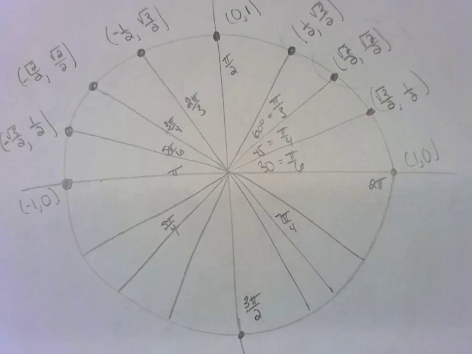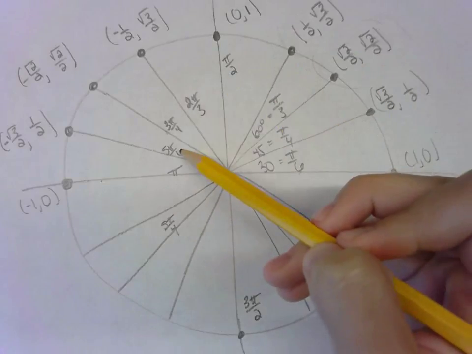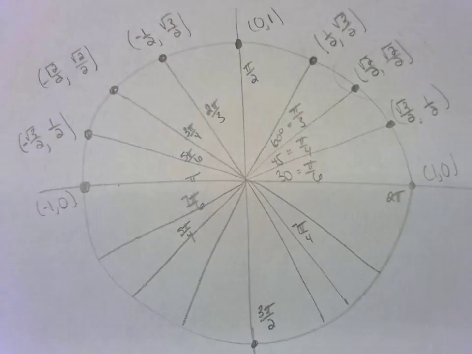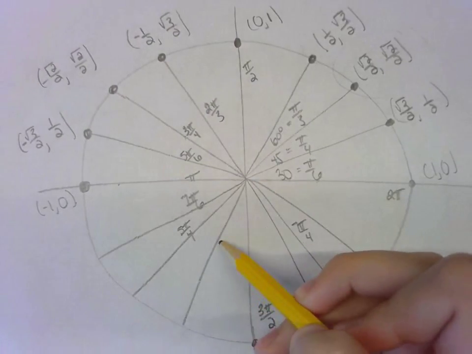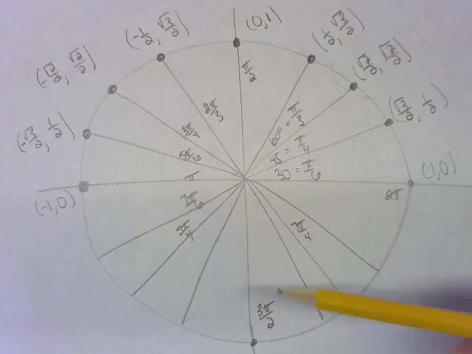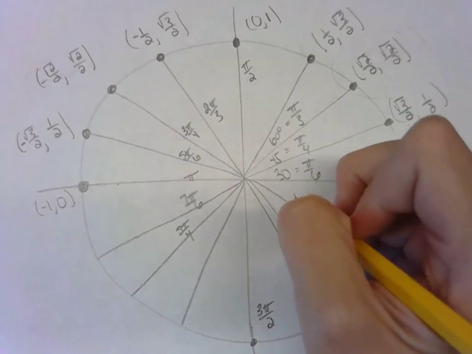Now for the 6's, this would be 7 pi over 6. This one is going to be over 3, so we'll skip that. And then we would have 11 pi over 6 here.